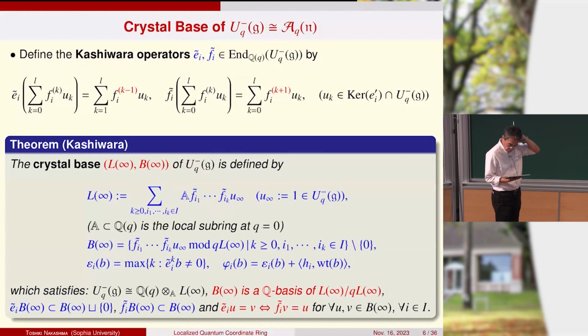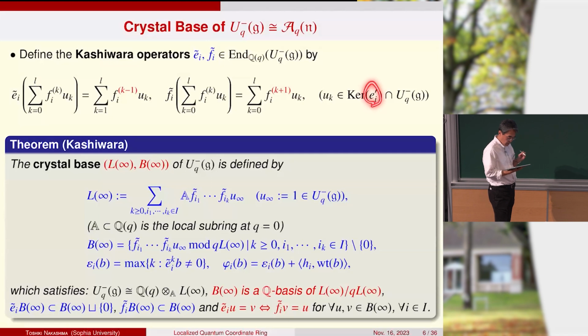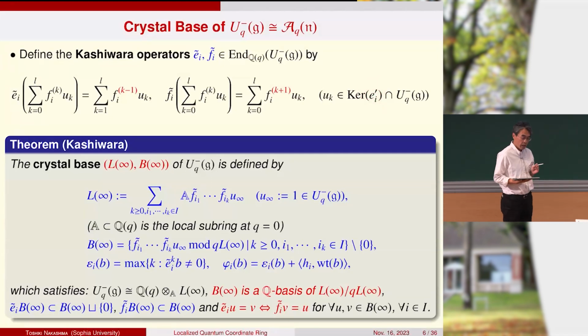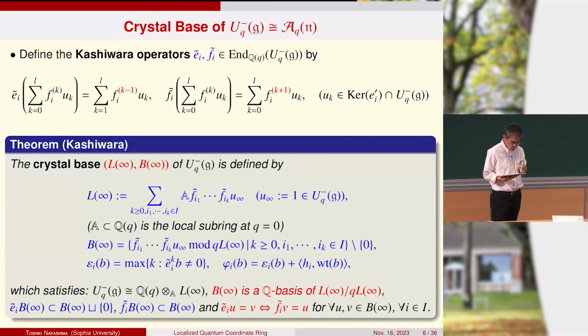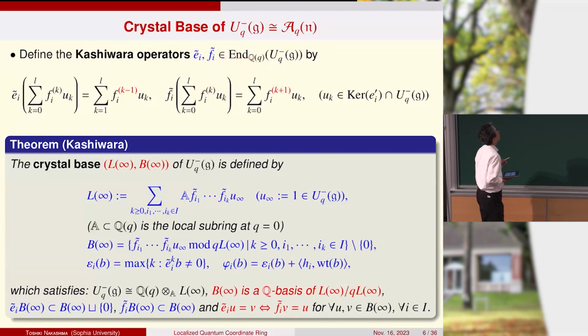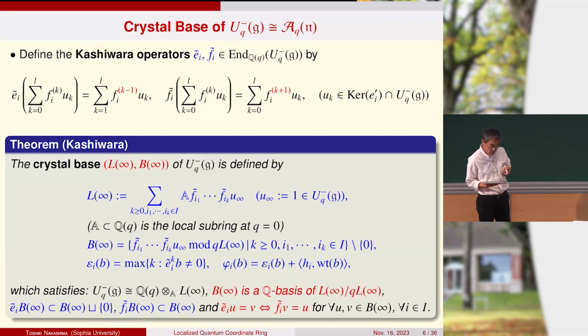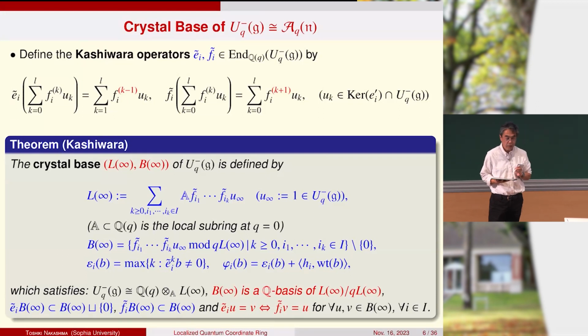I do not say what e_i' is here, but it is similar to operators of e_i. Then e_i tilde is defined by shifting this exponent to k minus 1, and f_i tilde is defined by shifting this exponent to k plus 1. Those are simple actions. Then Kashiwara showed that there exists a so-called crystal base of U_q^-.